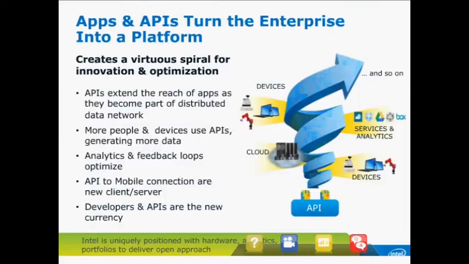So really, the other benefit to APIs is that they turn the enterprise into a platform, and by that I mean they take data and services and other assets that have historically been locked up inside the corporate firewall, and they expose them in a way that they can be consumed by different devices and by partner developers or other developers, and that provides an opportunity for the enterprise to monetize some of those data and services.